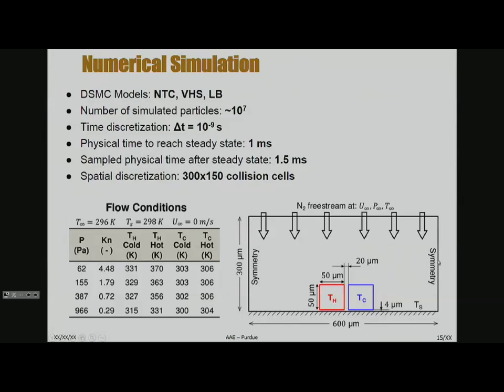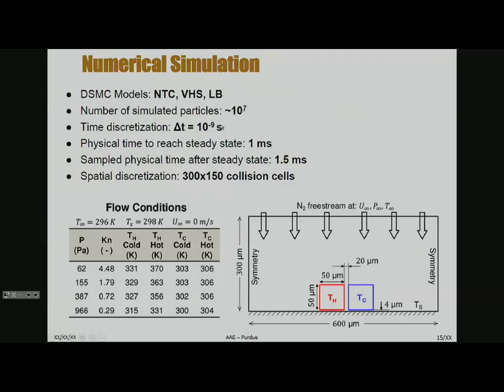So, going through a lot of the setup that I was talking about. Our collision models: no time counter, which is a model used to set the collision frequency, variable hard sphere, and Larsen-Borgnakke for your internal energy exchange. We ended up having about 10 to the 7 computational particles. Our time step was 1 nanosecond.